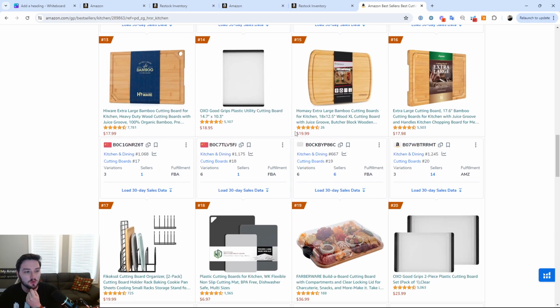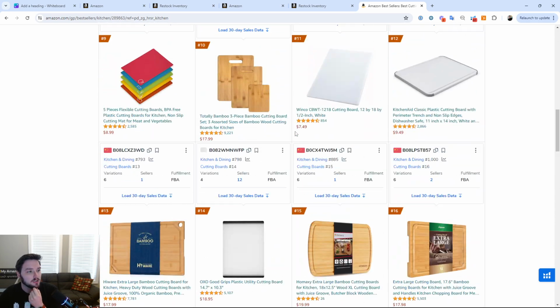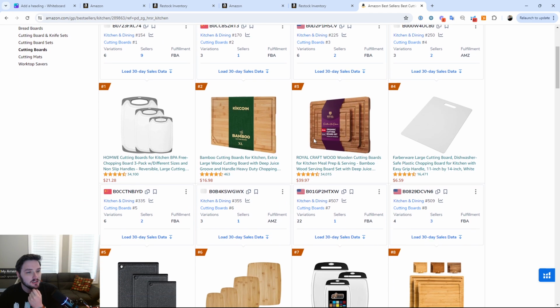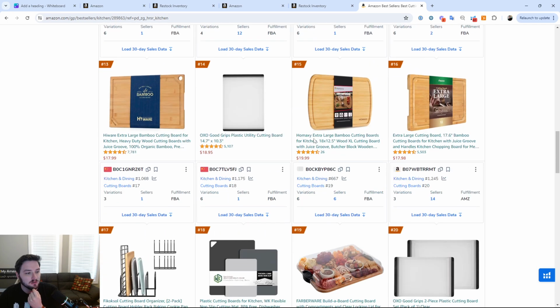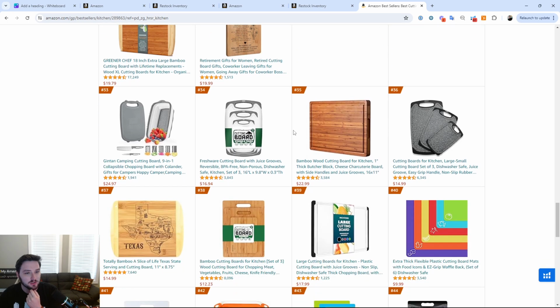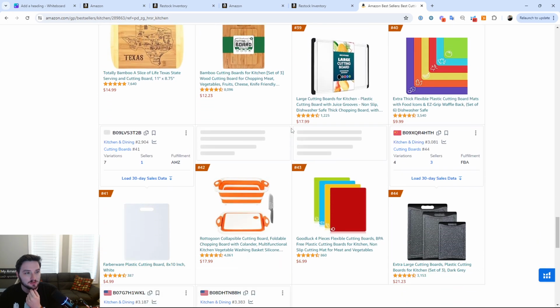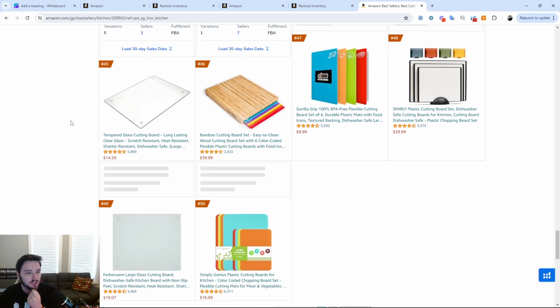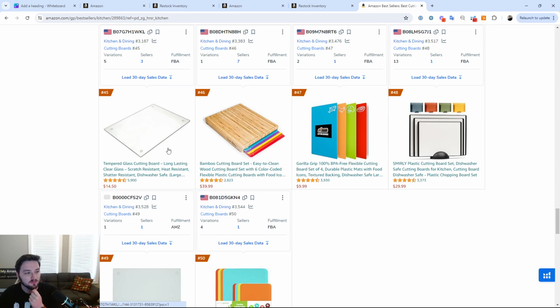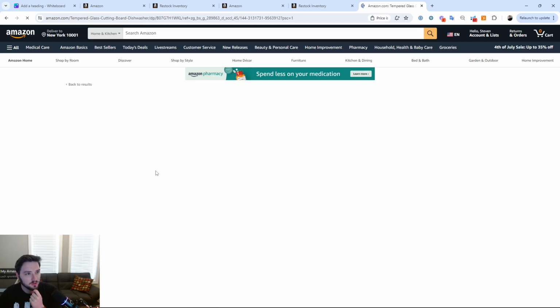So let's say we wanted to compete in a little bit more of a niche way, and we wanted to compete solely against glass cutting boards. So what we would do is we would look through here, understand where the first one for glass is. So it looks like this one. We have a tempered glass one who is number 45 in the category. So let's click on that one.